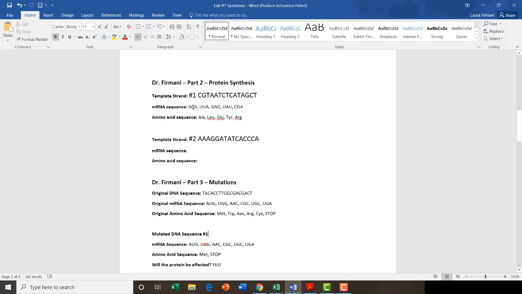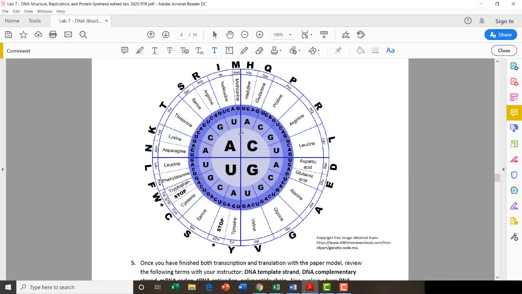Our first codon was GCA. So let's practice. We always start with the first nucleotide, which was G. Here, as you can see, it's this light purple ring. My first base was G. Then I move on to the second ring.